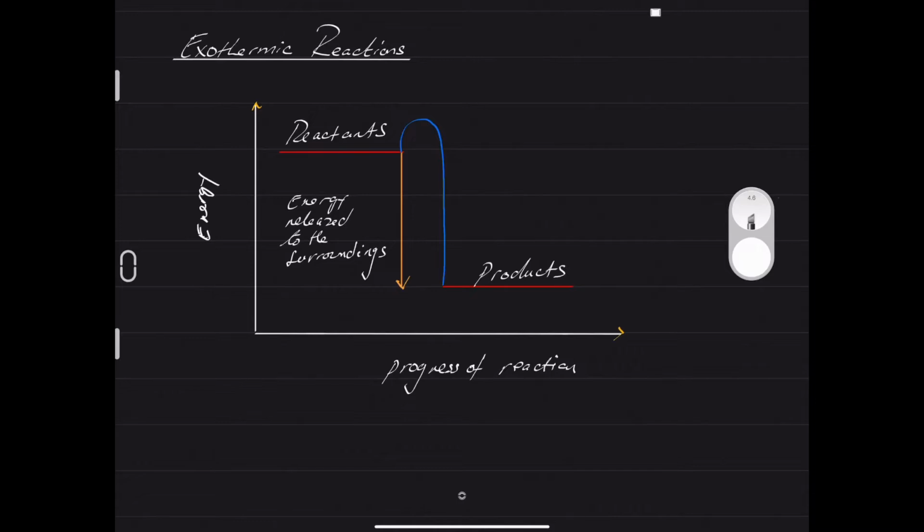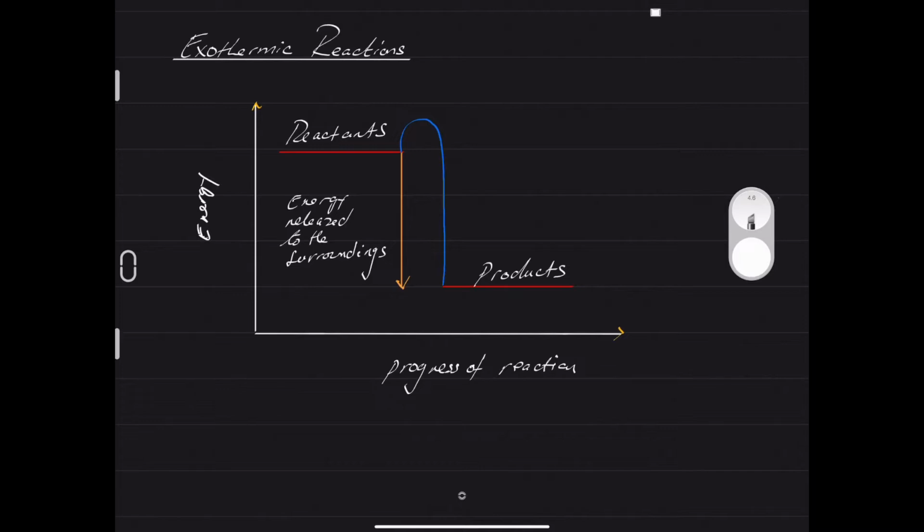Okay, so energy released to the surroundings is represented here. So this quickly shows us the energy profile diagram of an exothermic reaction.